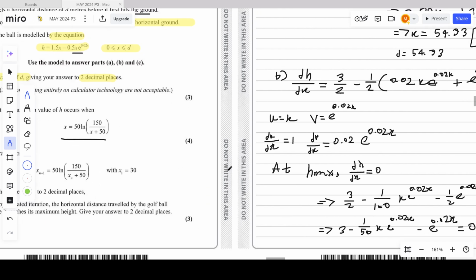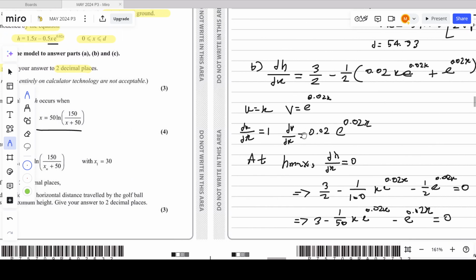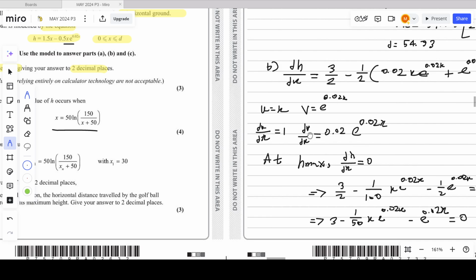So in order to make x the subject, we can take e to the power 0.02x to the right side. Okay, wait. We need to make x the subject.